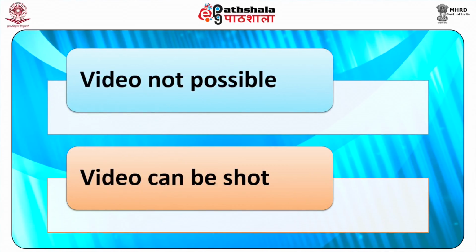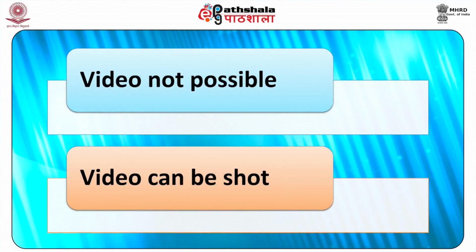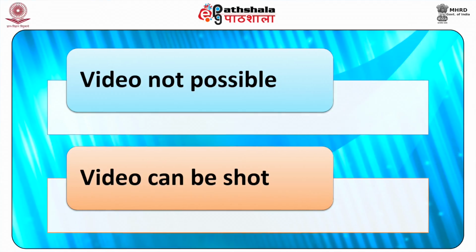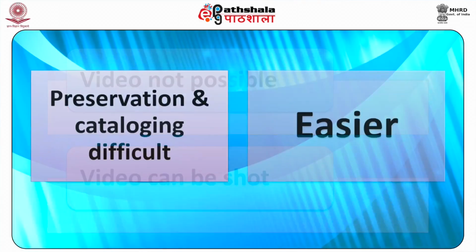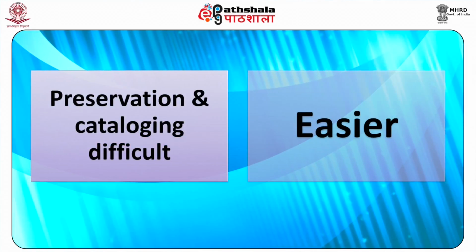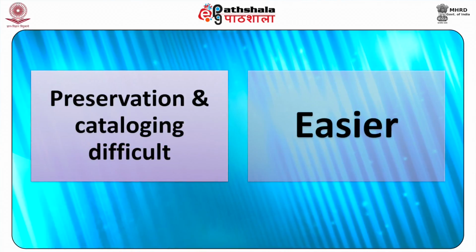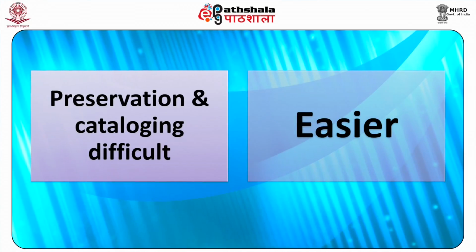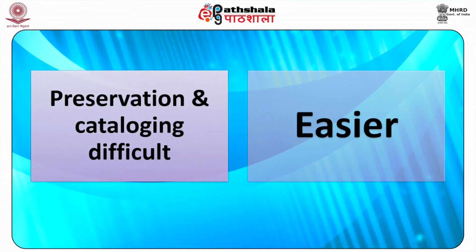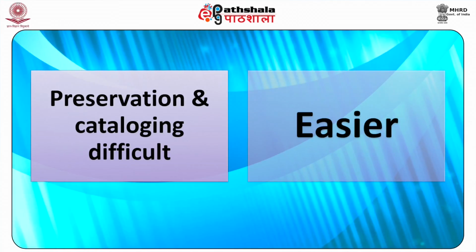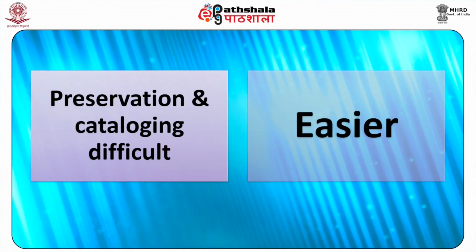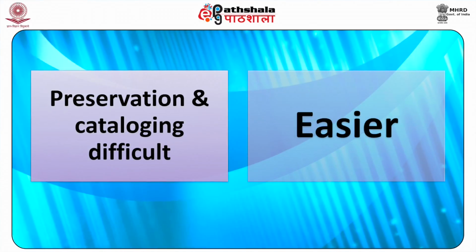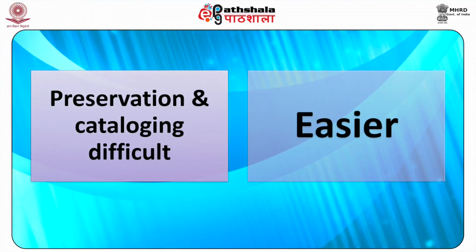Now again in case of film photography, video is not possible in case of film cameras, while in case of digital cameras, video can be shot. Again in case of film photography, preserving a film property is not easy, and editing an analog image in a dark room needs great amount of expertise. While in case of digital, cataloging and editing is much easier on digital media.